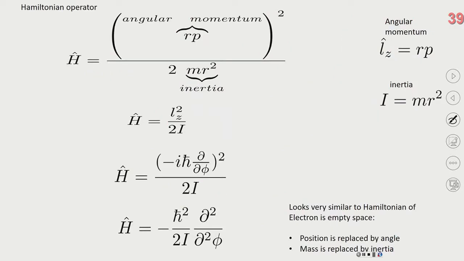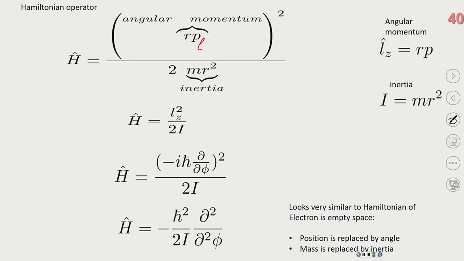So R times P, angular momentum. If we are speaking about one Cartesian linear motion, then mass is a measure of inertia. If a truck bumps into a wall, the wall will be destroyed. If a bicycle bumps into a wall, the bicycle will be destroyed, because the truck has larger inertia.